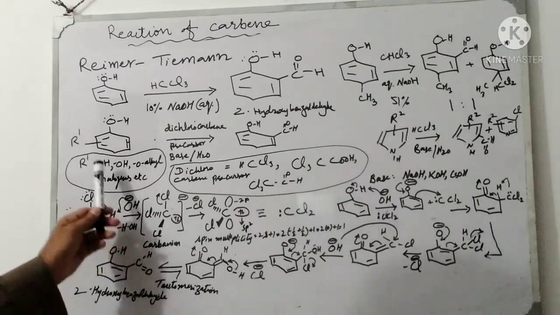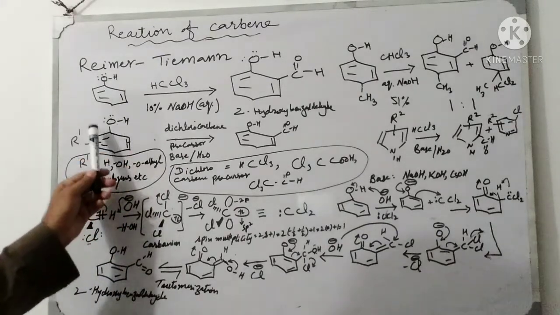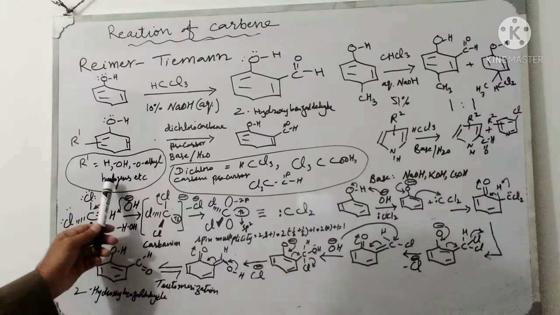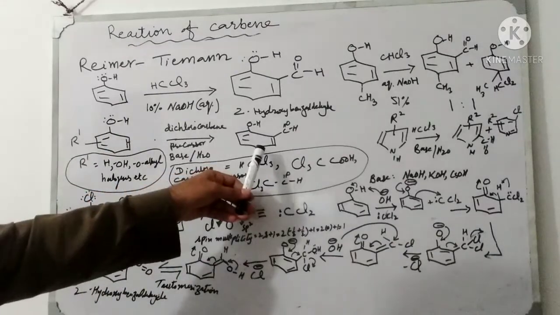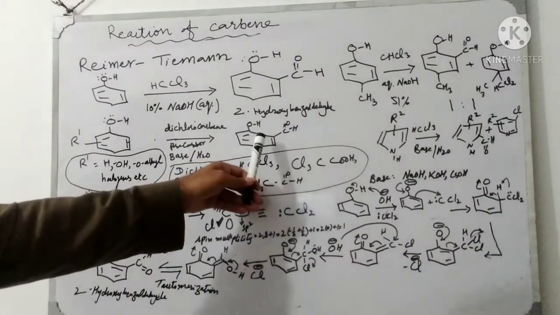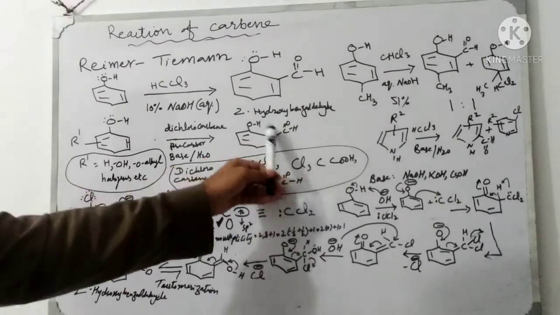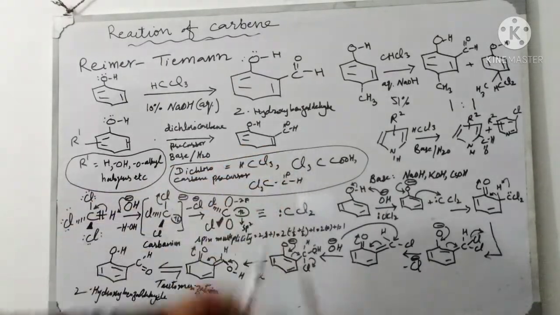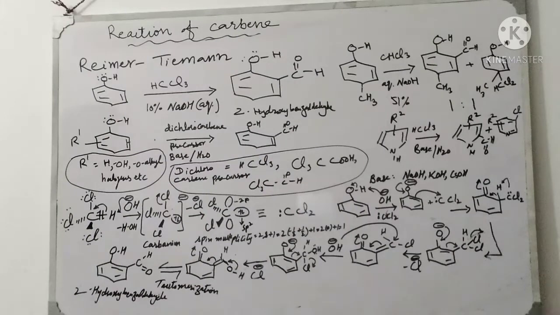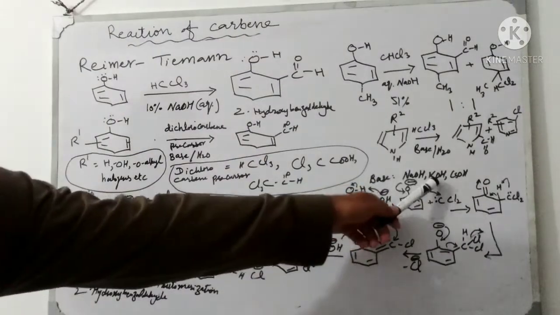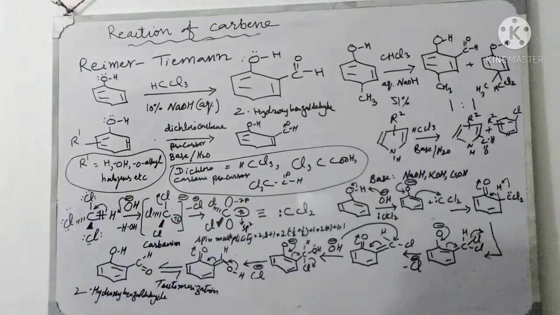Substituted phenols with these groups, alkoxy groups and halogens, can undergo ortho hydroxy formylation. The bases used are strong inorganic bases like sodium hydroxide, potassium hydroxide, cesium hydroxide. They can all be used in this reaction.